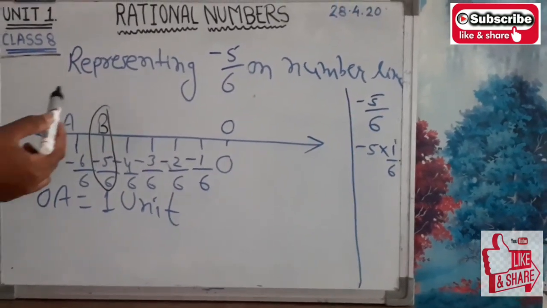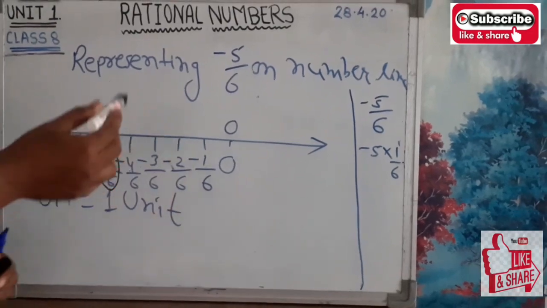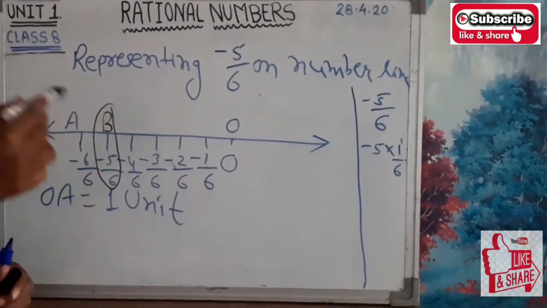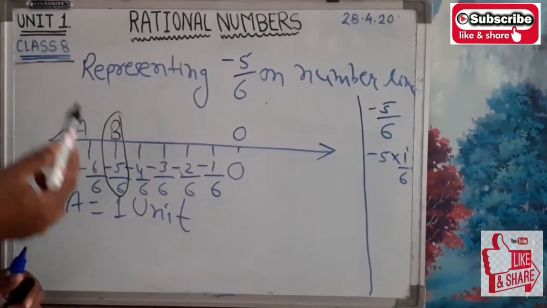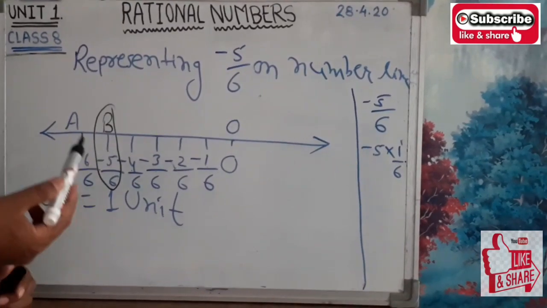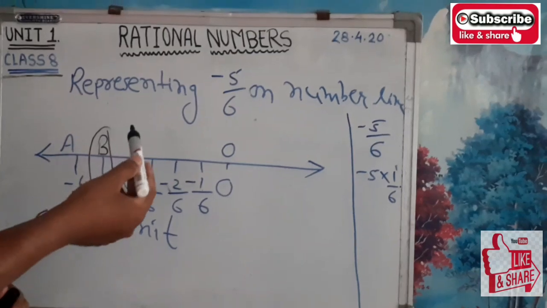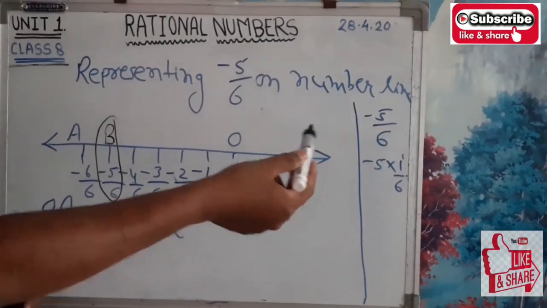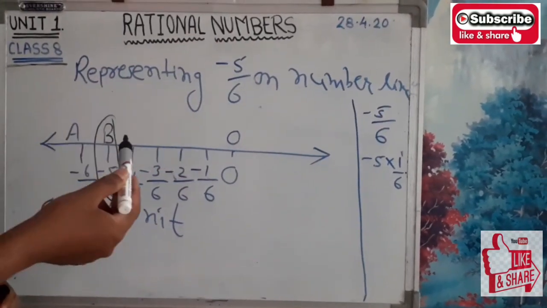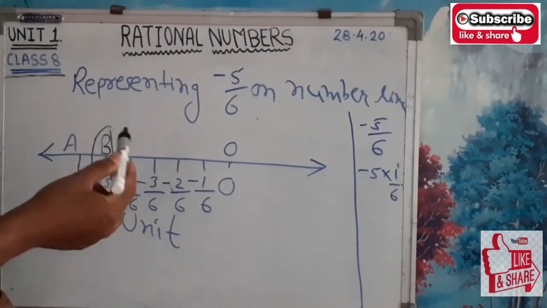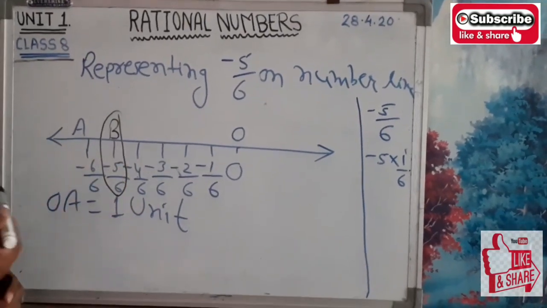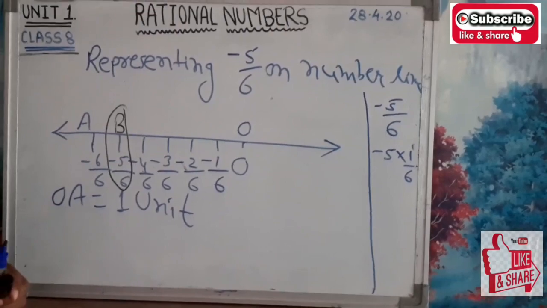Clear? We can represent any rational number on the number line according to its sign. If a rational number is positive, then show it on the right of the 0. If a rational number is negative, then show it on the left of the 0. Okay?